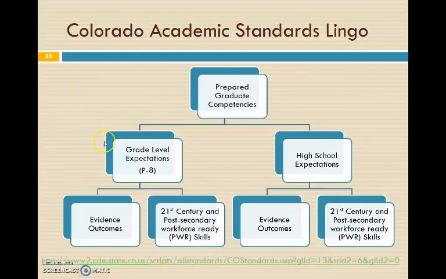Then we have grade level expectations broken down from preschool to 8th, which is nice. You see what kind of evidence you would see if a student had mastered that. They call that the evidence outcomes. And then what are the college career ready skills that are required within each standard. And then we see the same thing at the high school level.